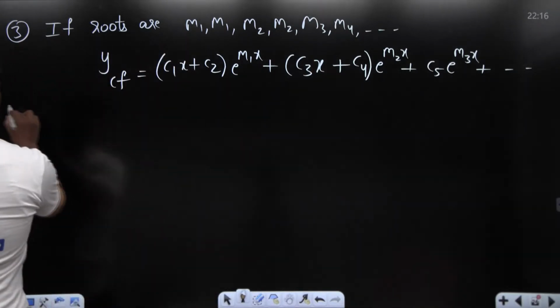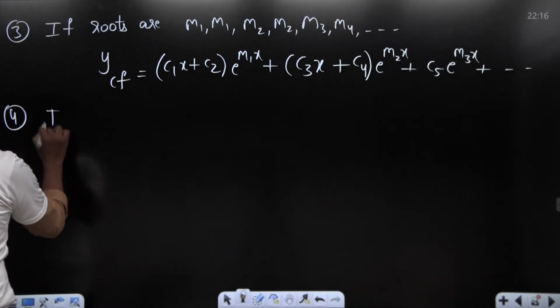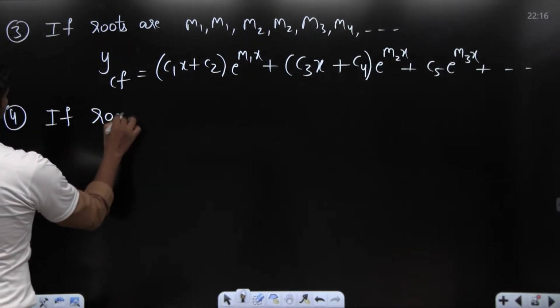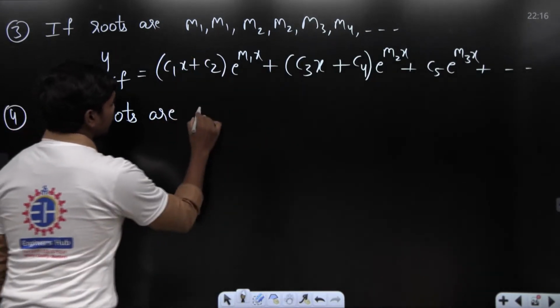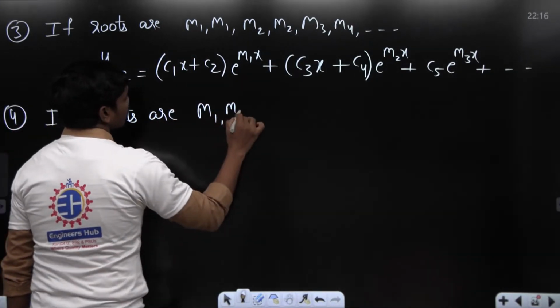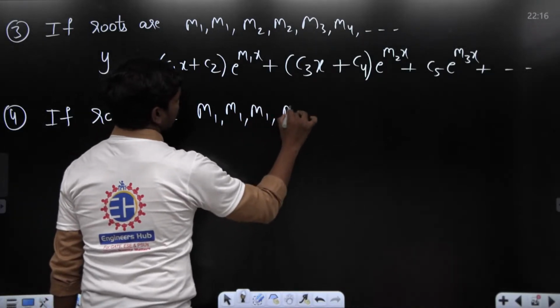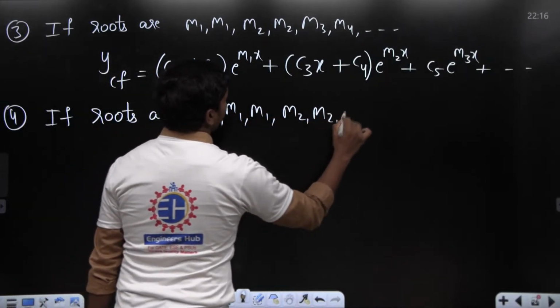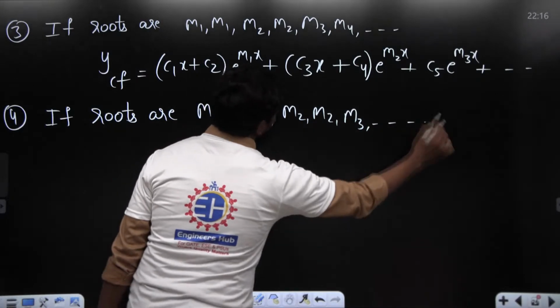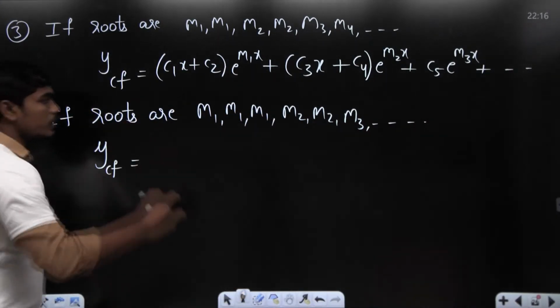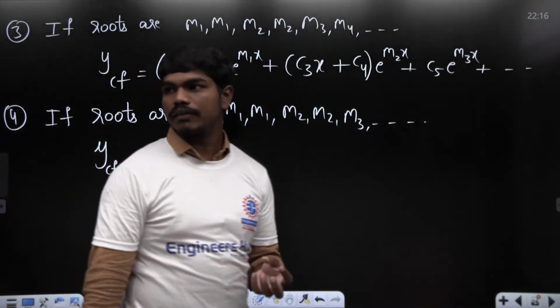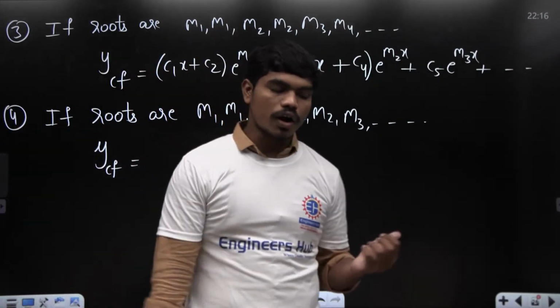Next, if the roots are something like, let us suppose m1 got repeated 3 times now, and then m2 got repeated twice and m3 has got once and so on. Then y CF is equal to, can you tell me what will be the coefficient of e power m1x in this complementary function?